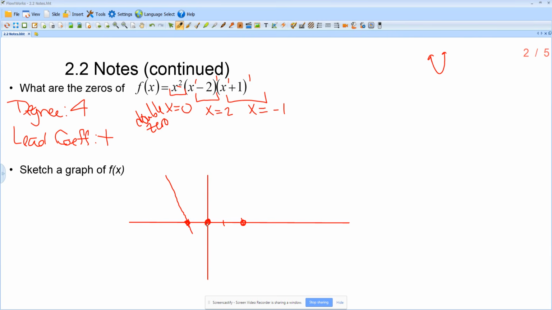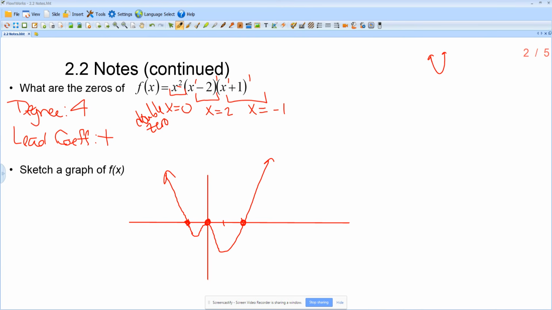And now when I come back to this 0, it's a double 0, which means I'm just going to not pass through, but slightly touch right at 0 and then come back down. Then at 2, I have a single 0, so I'm allowed again to pass through that.